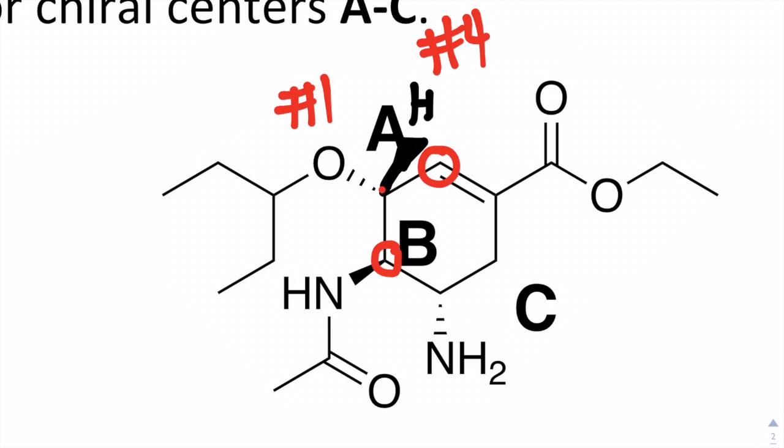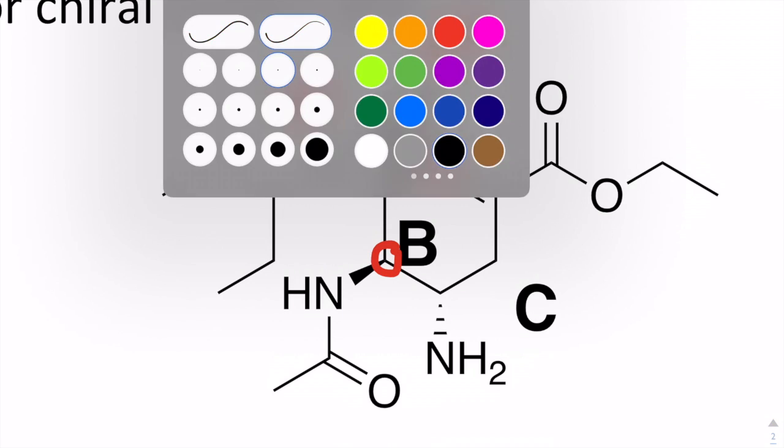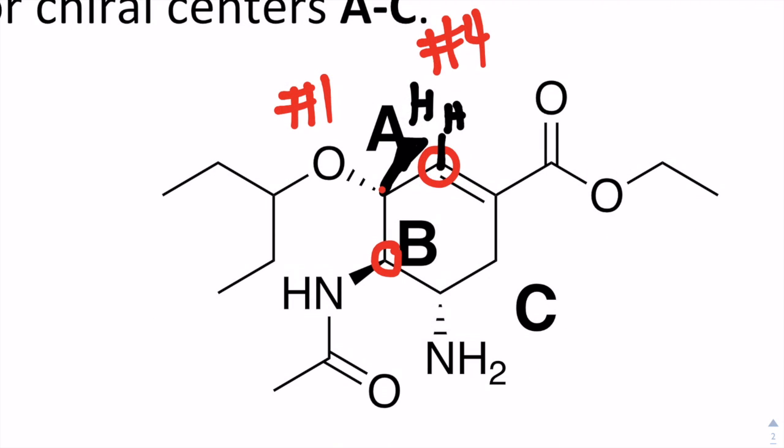So between the 2 other substituents, we both ran into a carbon first. So let's look at the next point of difference. What's attached to that carbon would be a hydrogen and another carbon. So there's this hydrogen here, and then there's carbons here, and then the next one would be a nitrogen over here. Okay? Because that nitrogen is attached, that's a higher atomic number than a carbon or a hydrogen would be.